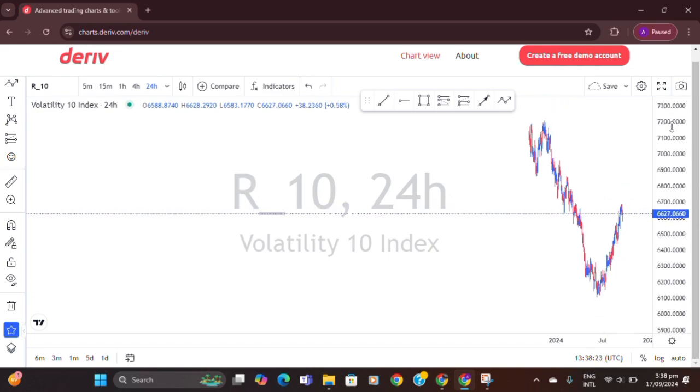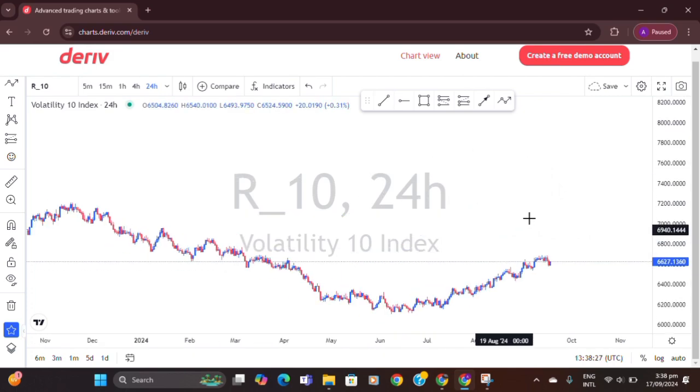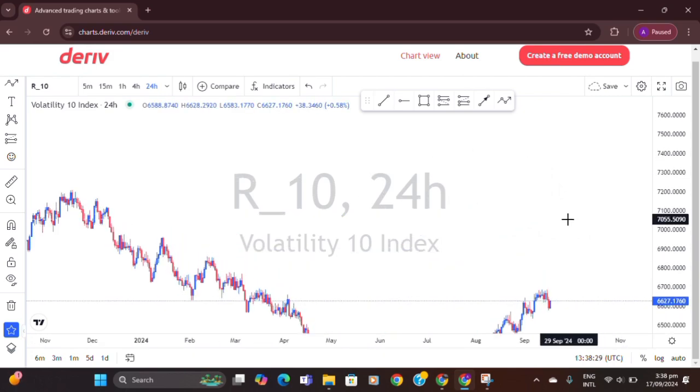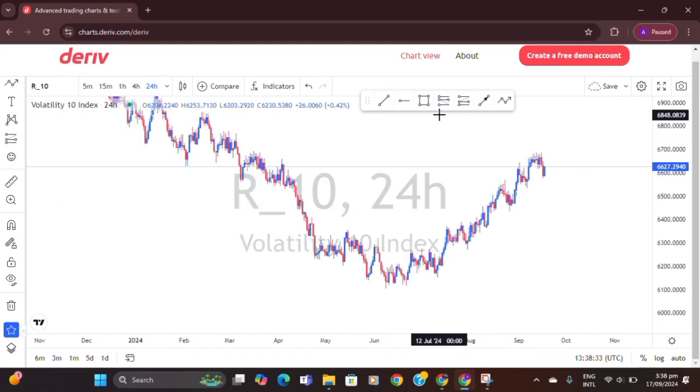So let me zoom out. So when it comes to this pair, now we're going to be looking for our support levels. Which level has been respected the most?